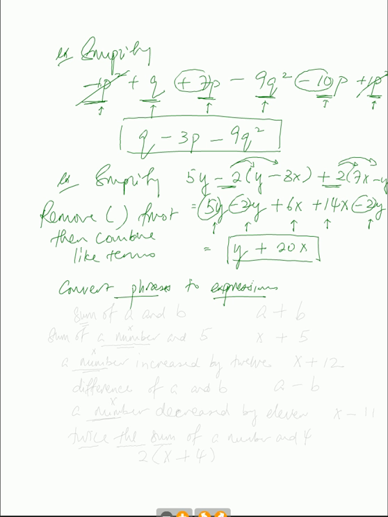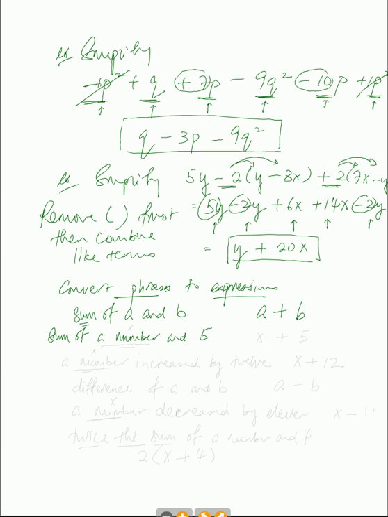For example, we would use things like sum of A and B. This is something we talked about in the earlier section. Okay, so let's see if you remember. Sum of A and B. So that would mean when you say sum, you're talking about addition. So that's A and B. So in this section, we don't mention that. Instead, what do we say? We say sum of a number and 5.